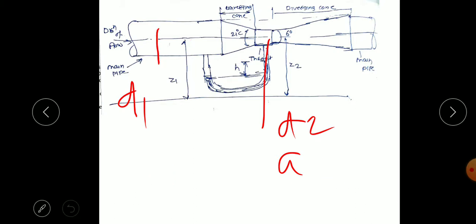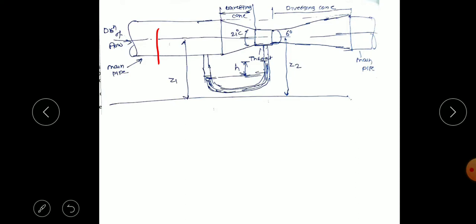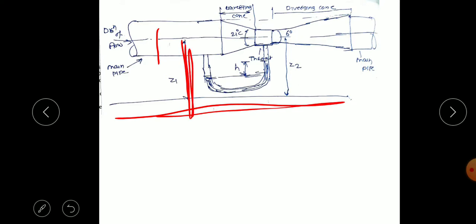Or instead of here, we can also take the datum line here. In this diagram the datum line is taken as this, and with respect to this datum line Z1 is given and Z2 is given.